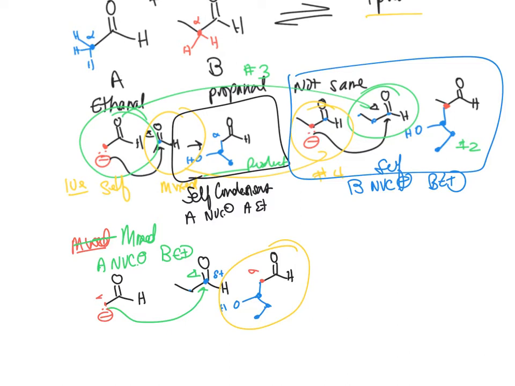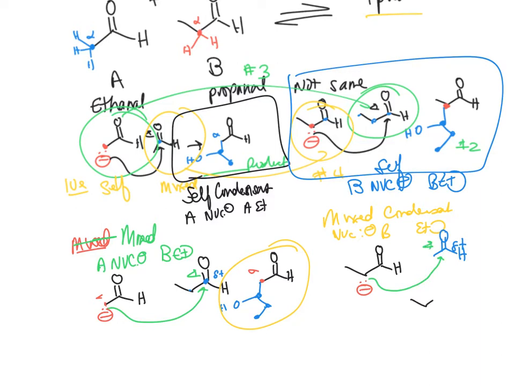And then the other one here, the yellow one, is also a mixed condensation. And what if we had the nucleophile as B, and your electrophile is A? So now we take B, the propanal, as the nucleophile, and the electrophile then would be the ethanal, and those electrons will go from the nucleophile to the electrophile.